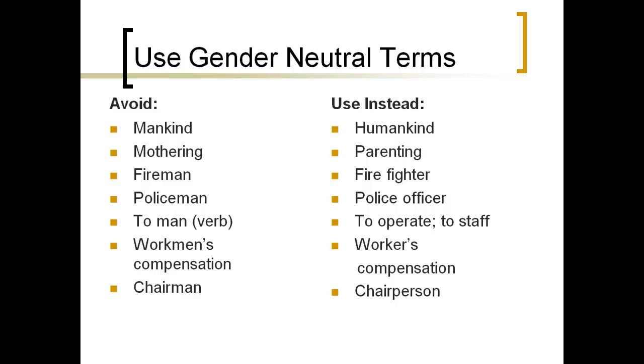To man, as in a verb, let's say to operate or to staff. Instead of workmen's compensation, let's say workers' compensation. Instead of chairman, chairperson. These are just a few examples of ways that you can take language that might be gender specific and make it inclusive without the gender attachment.